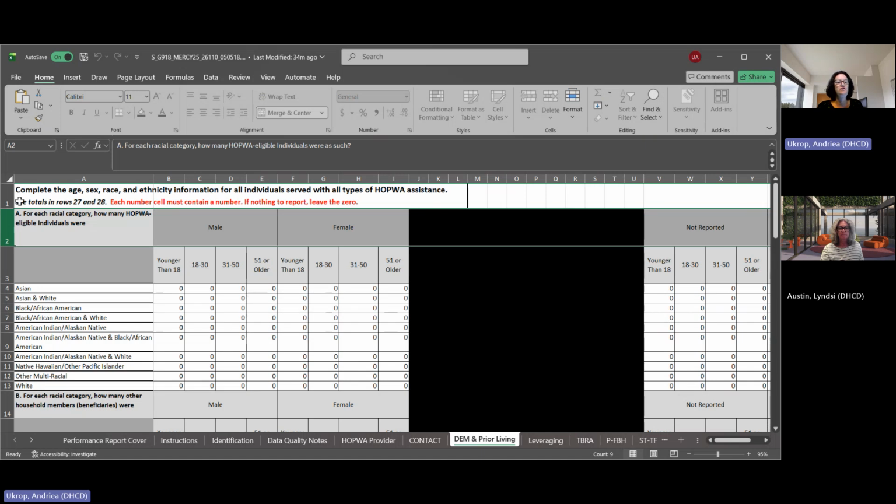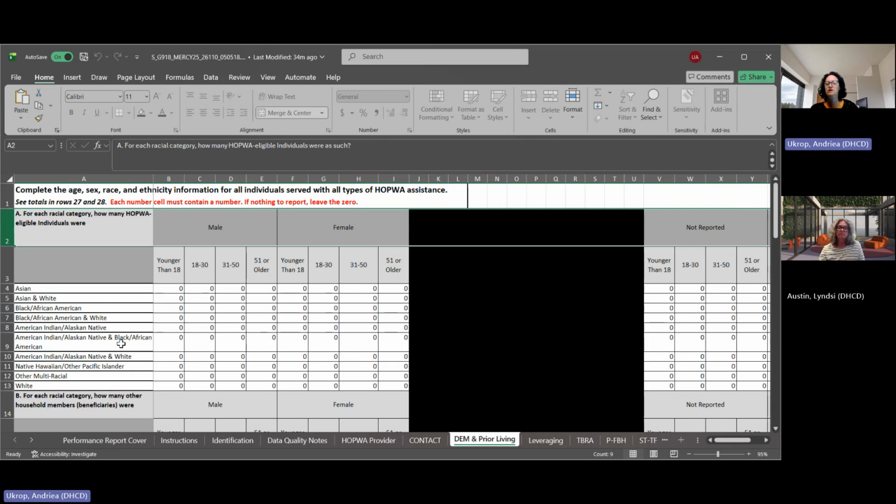You're going to want to do the demographic information, sex, age, and race, ethnicity, to the most applicable answers. There are no other categories other than those that are listed.